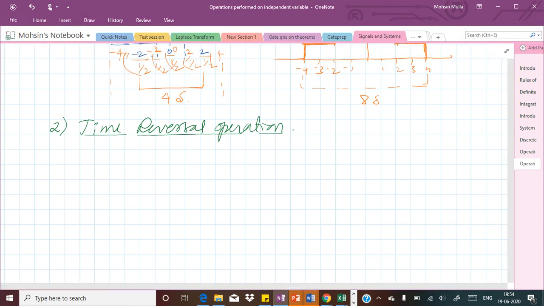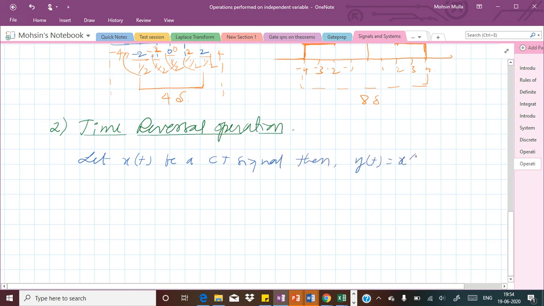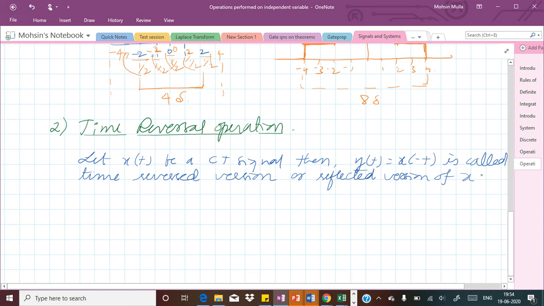Here let x of t be a continuous-time signal, then y of t equal to x of minus t is called the time reversed version or reflected version of x of t.